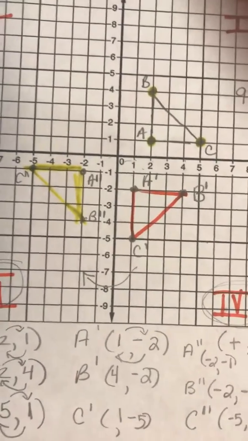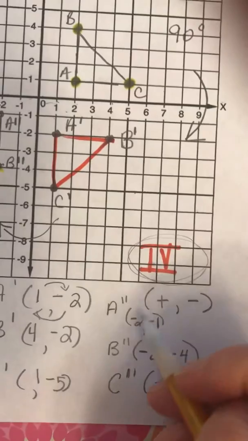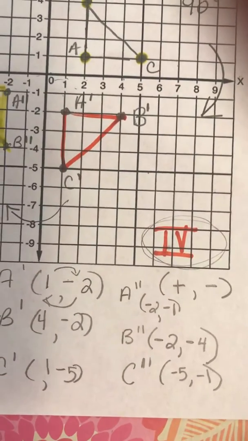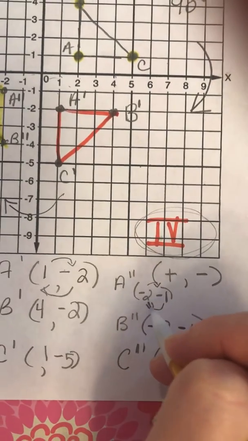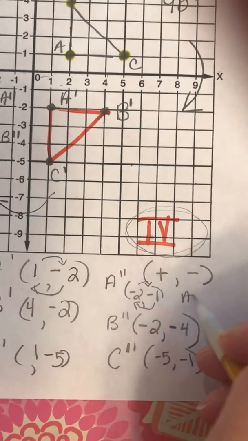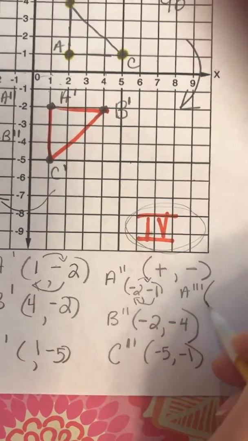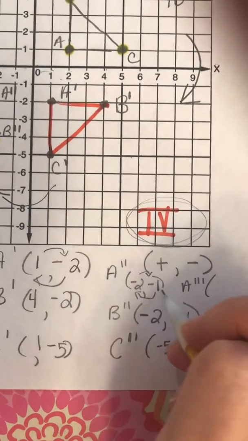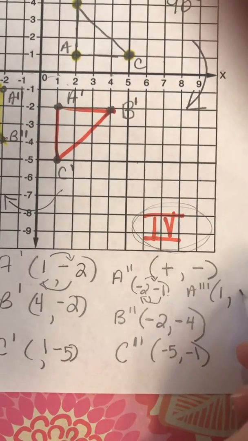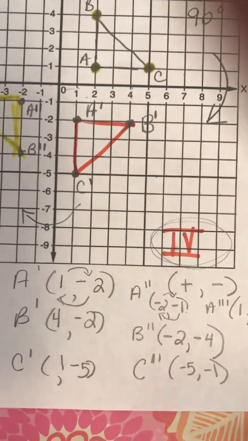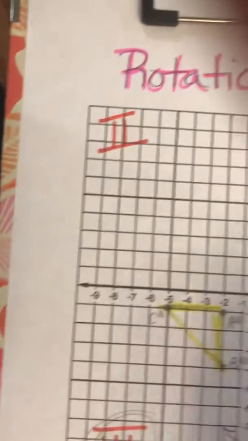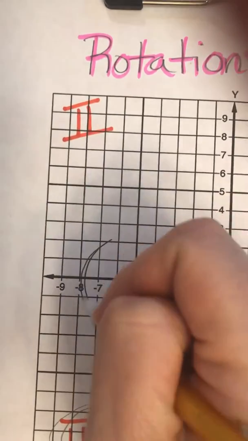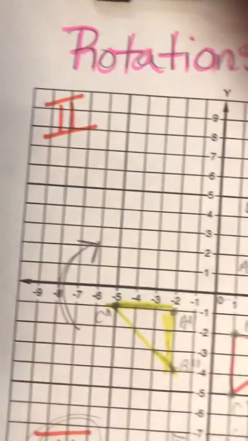And I am going to take those same points that I just worked with, and again, one more time, I'm going to take my X and my Y and switch them. So (2, 1), (1, 2). But I need to check which quadrant I'm going into, and so I come up here, and I am in quadrant 2.